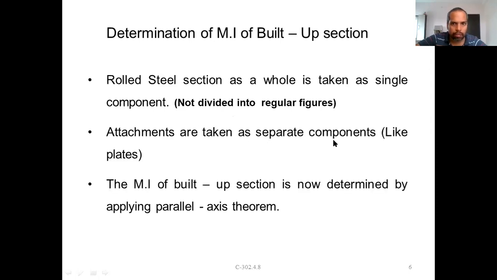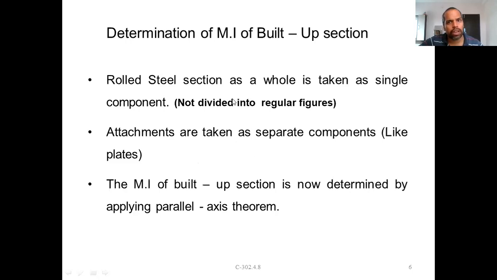Attachments are taken as separate components, like plates. Generally if you take I sections or channel sections, only additional plates are provided. The moment of inertia of the built-up section is now determined by applying the parallel axis theorem. How do we calculate the plates' moment of inertia about the centroidal x of the section?